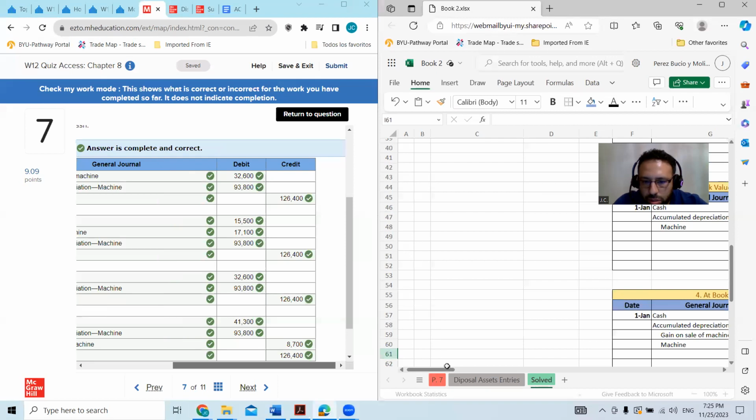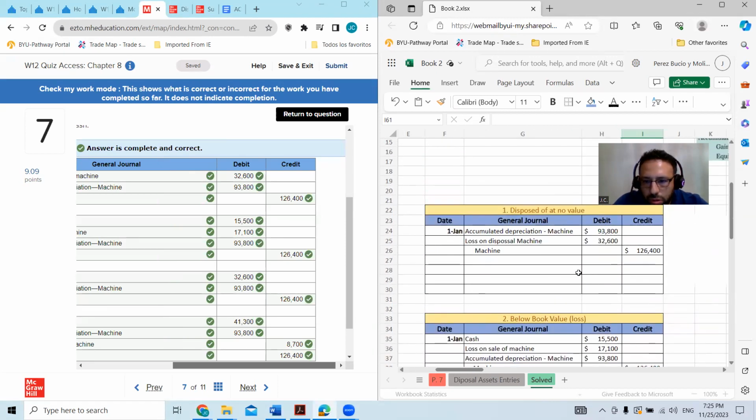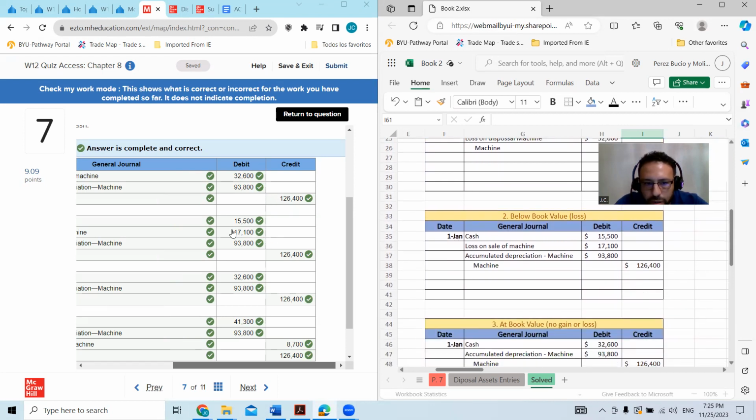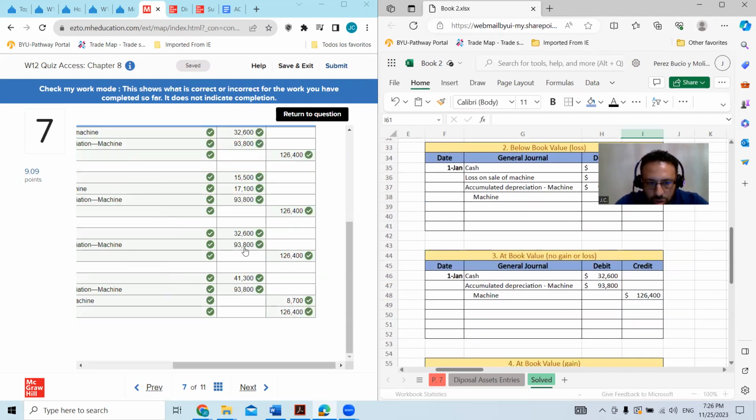I can just use this one that was already solved. Okay, so this one looks about right. Oh, this is just backwards, so it's the same. And as far as the second one, 15,500, 17,100, 93,800, 126,400. Good. 32,600.